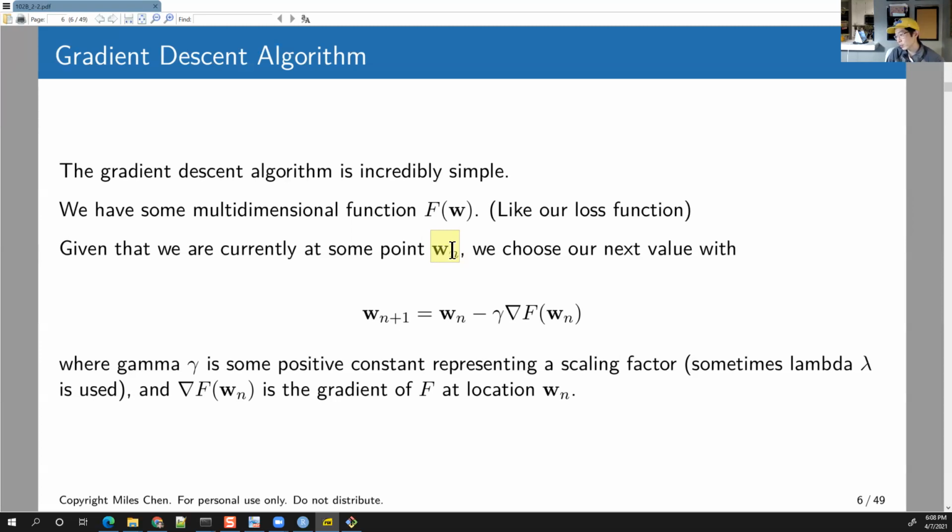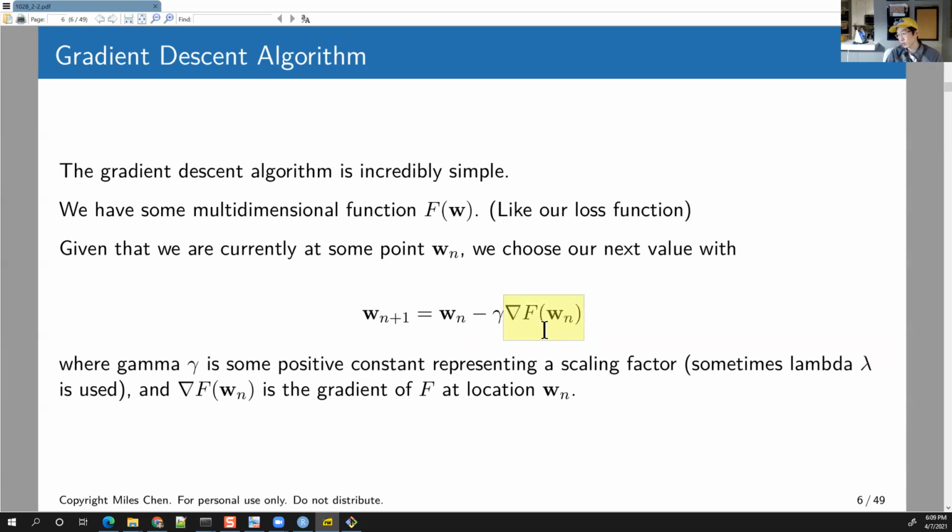So if we're at time n and our current value is W, the next value, W at time n plus 1, is going to be our current location minus the gradient, nabla f of Wn.